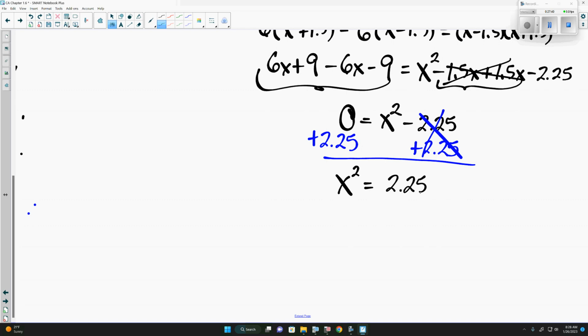And last but not least, we need to square root both sides. Oh, never mind. This really should be a Monday.